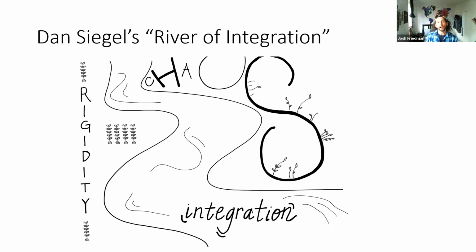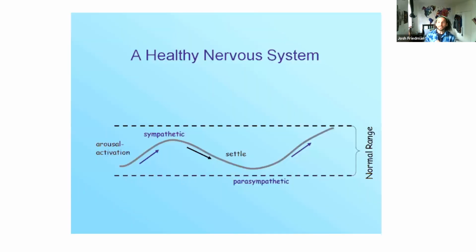What we want to think about is being in the river, right in the middle of that river, where we are integrating structure or rigidity with flexibility or chaos. It is finding the best of both worlds that we want to be thinking about when we're thinking socially. How do we help advance this learning for the individual and for the group? How do we balance ourselves between being too rigid, too stuck, and being too wild, too free, right? What's that balance? And this balance exists in our nervous system, down to the neurons.